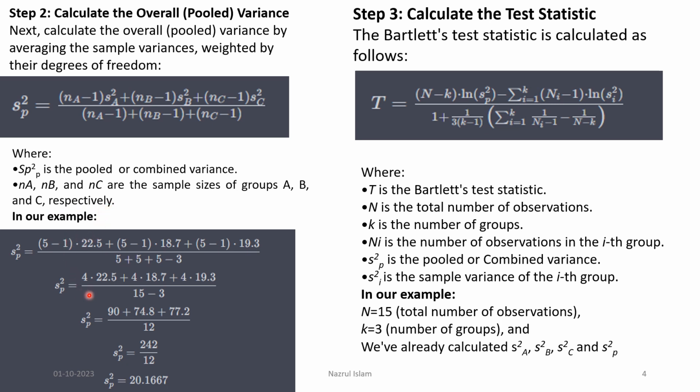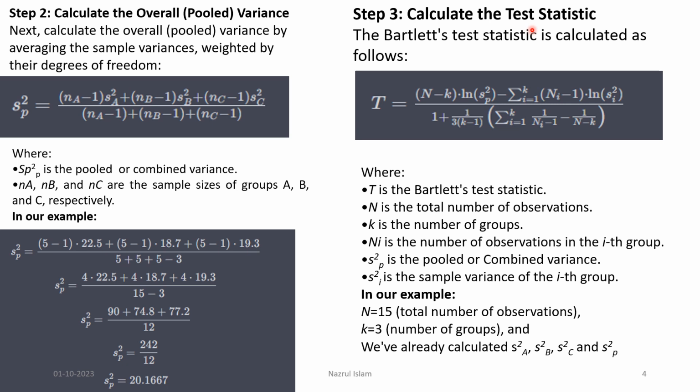By putting the value of each, we can find the pooled variance as 20.1667. Here all the groups have 5 observations and their variances are given here.